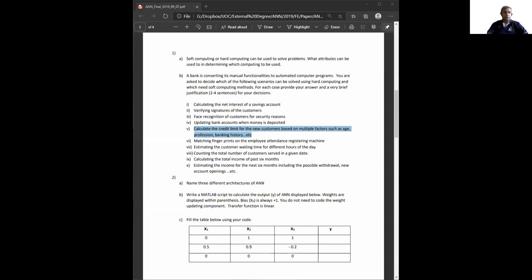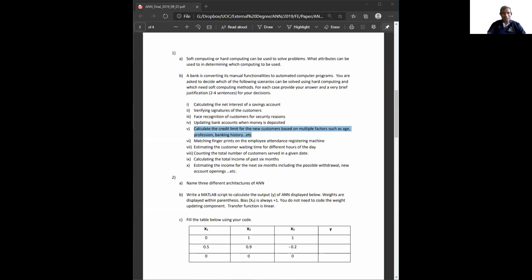So is this a soft computing problem or a hard computing problem? And why? Right? Now the chat is already coming up soft, hard, soft, hard.